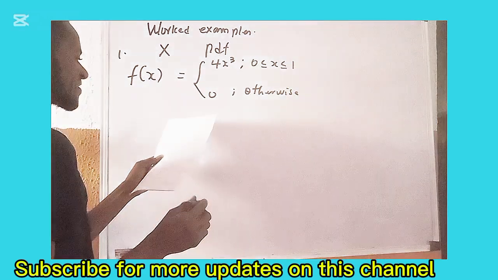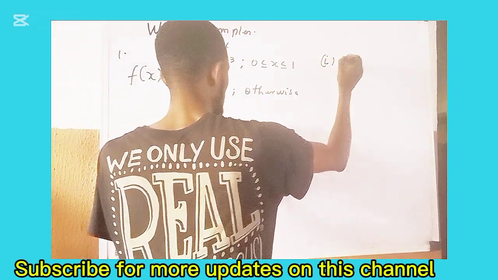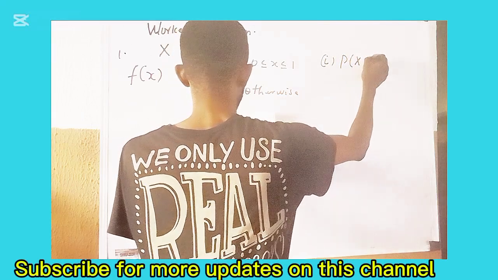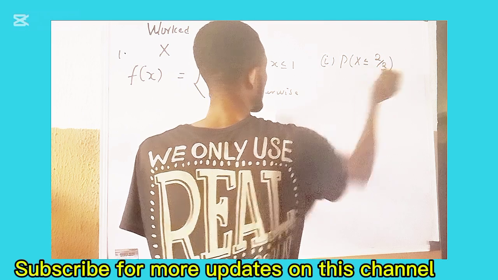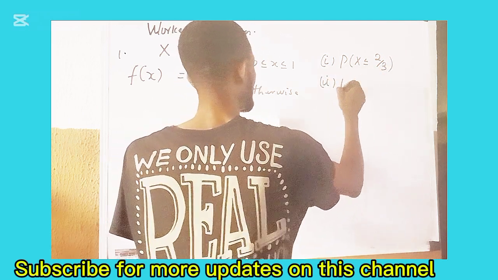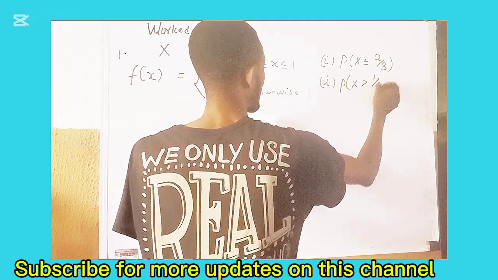And the question here says we should find P of x less than or equal to 2 over 3. That we should find P of x greater than 1 over 3.